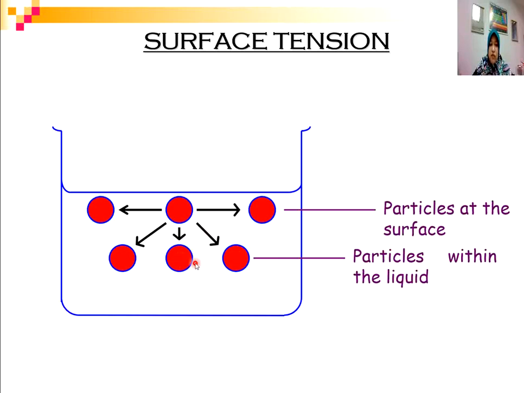The inner particles experience attraction upward, sideways, and also downward. However, the surface particles experience attraction only sideways and downward. It means that the surface particles are actually being pulled into the liquid.